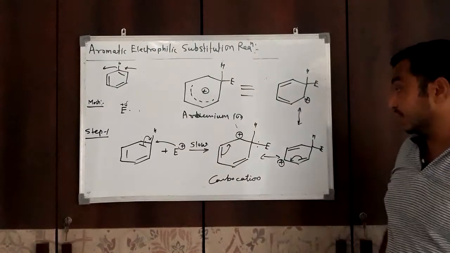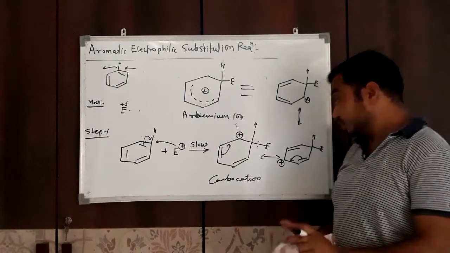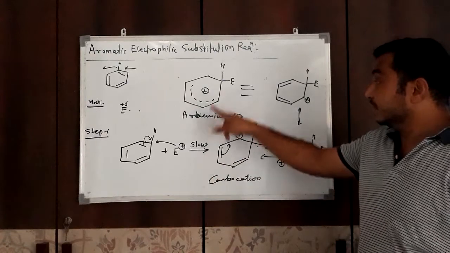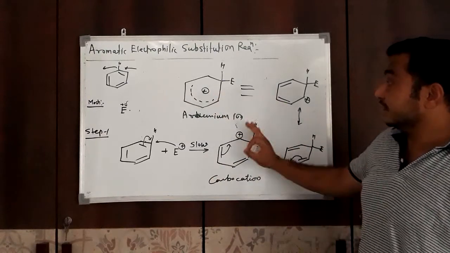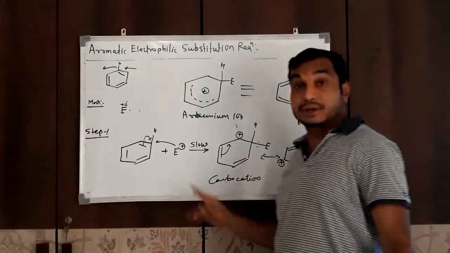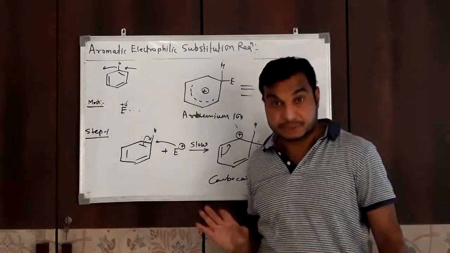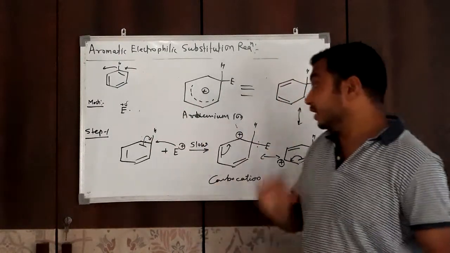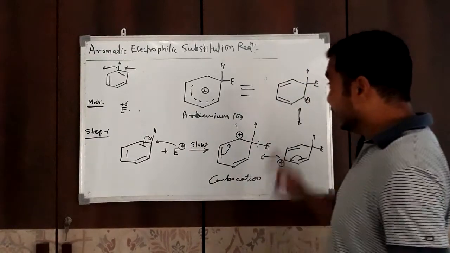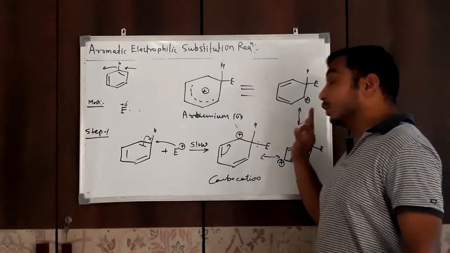This positively charged carbocation species formed during step 1 is known as the arenium ion. Therefore, this mechanism is named the arenium ion mechanism. Now this is step 1. In step 1, the arenium ion is going to form.